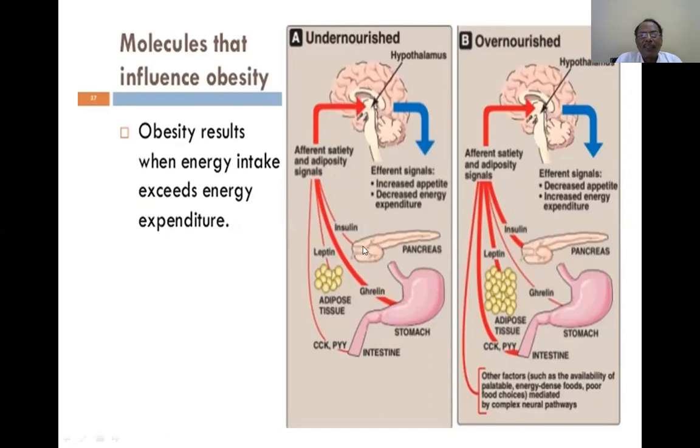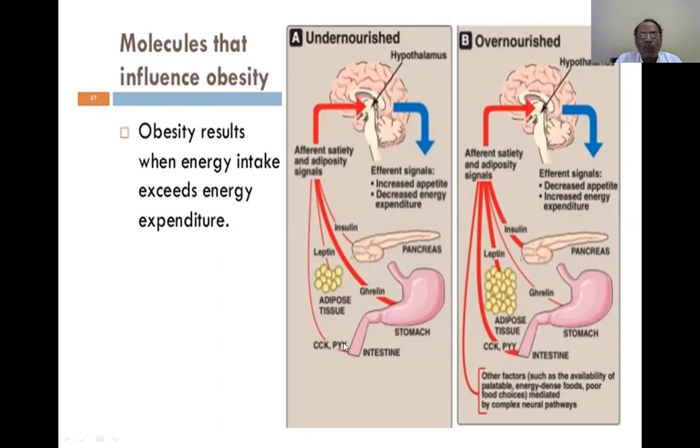What will happen? Insulin from the pancreas, a hormone called ghrelin from the stomach, and from the adipose tissues, a hormone called leptin. So the important hormones of obesity are leptin and ghrelin, with the help of insulin, and from the intestines there are two more hormones, CCK, cholecystokinin, and PYY, neuropeptide Y. Y means tyrosine.